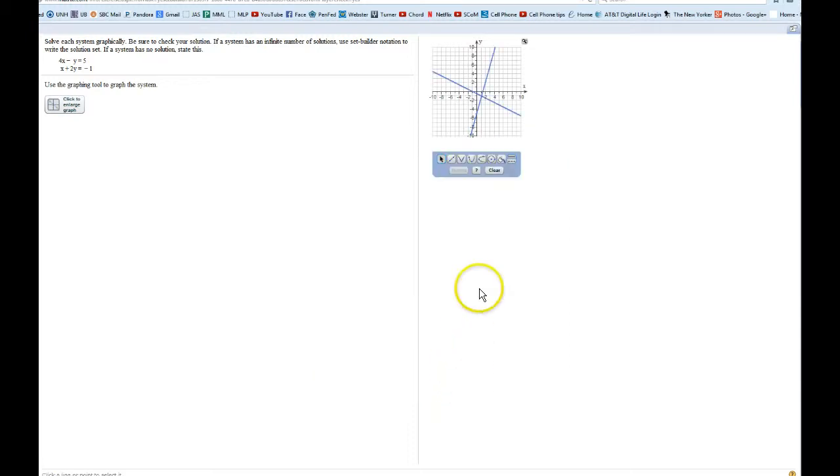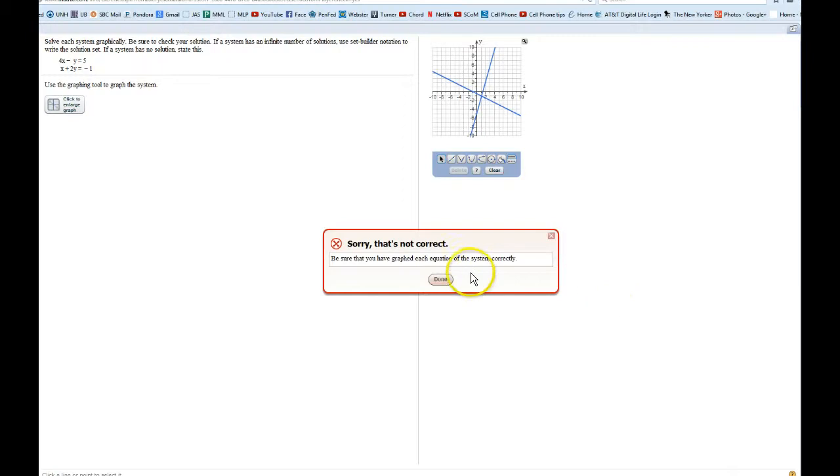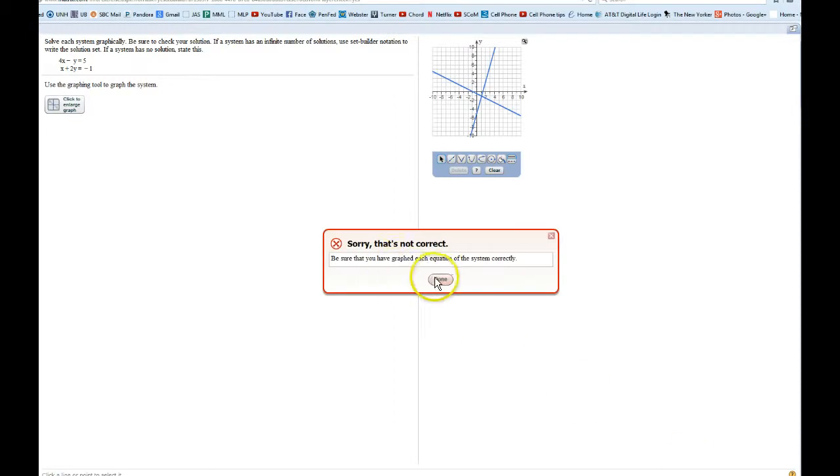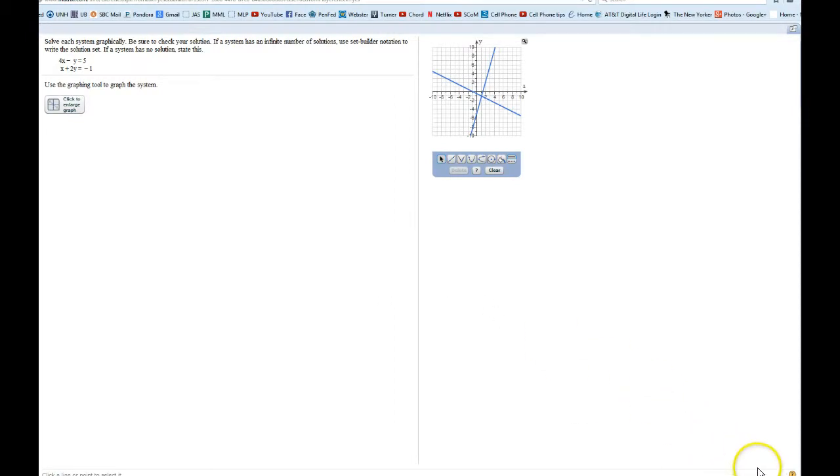And I'm going to save it, and let's see if it will be the right answer. Be sure you have graphed the equation of the system correctly. Again, I didn't quite graph the points there, but let's go on anyway. And check answer. Here's my final check.